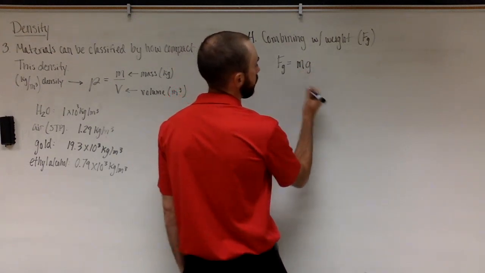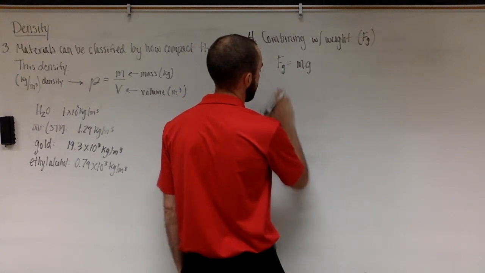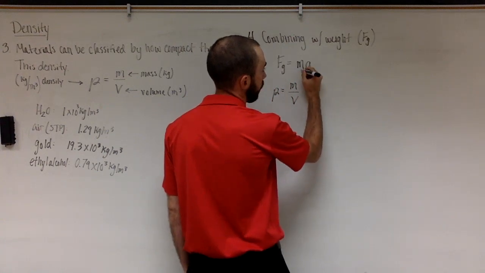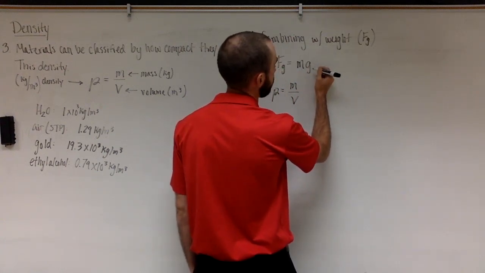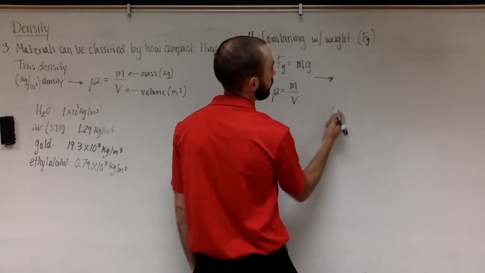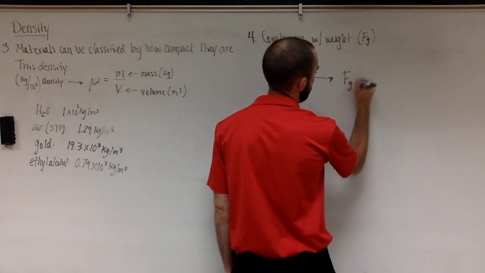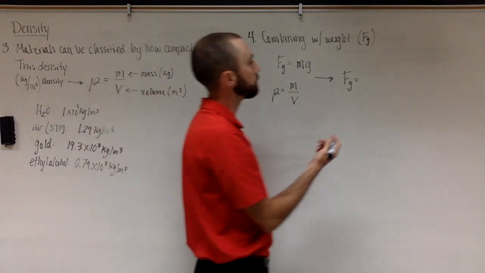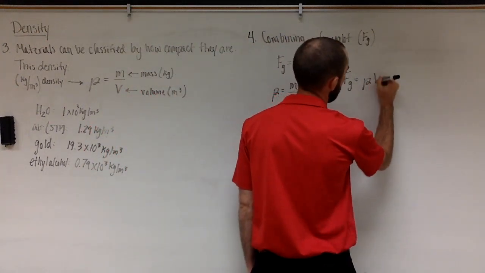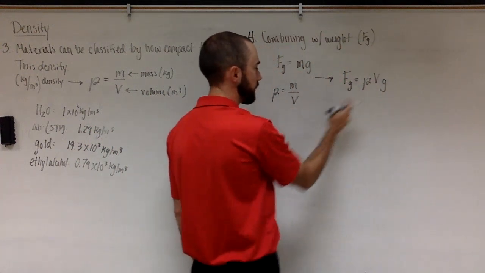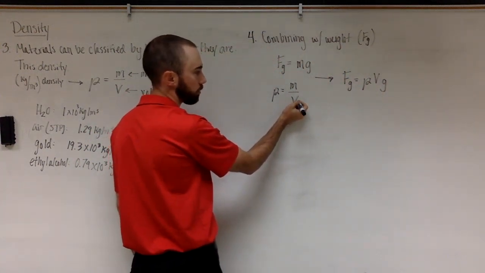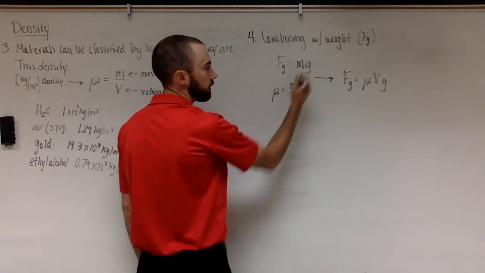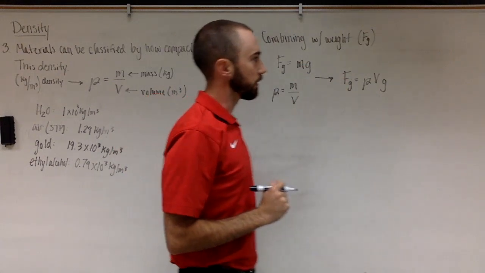When we plug in over here where we've got rho equals M over V, we can now rearrange this and plug in for M. So what we get is that the force of gravity, and this would just be for any type of liquid, is going to be equal to rho Vg, where if we multiply by a V on both sides, we get V times rho equals mass. We plug that in here for mass, and we get this formula right there.